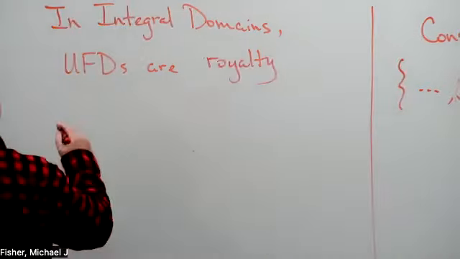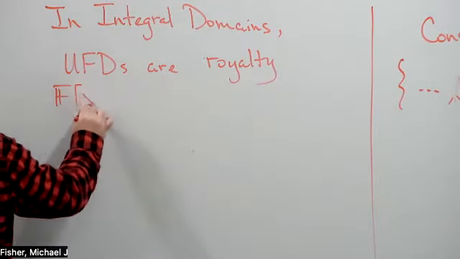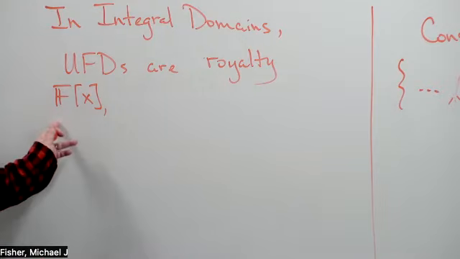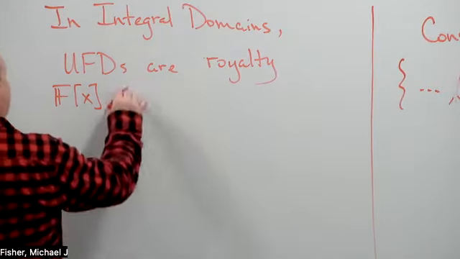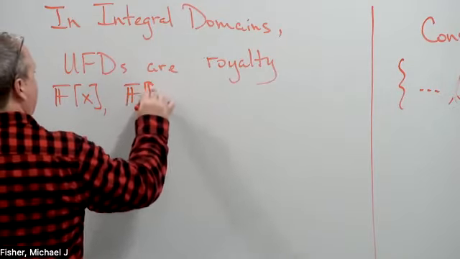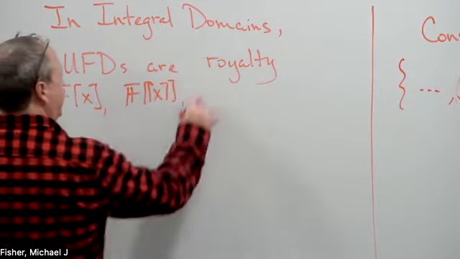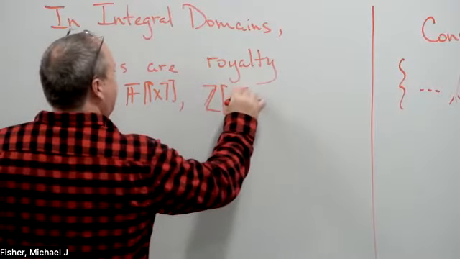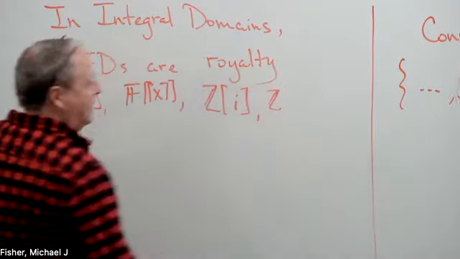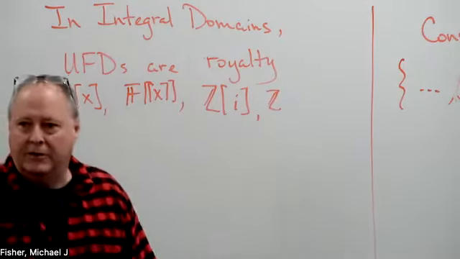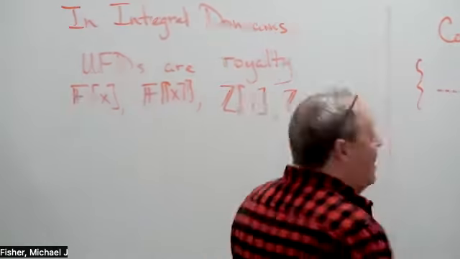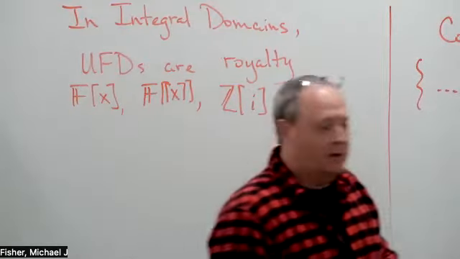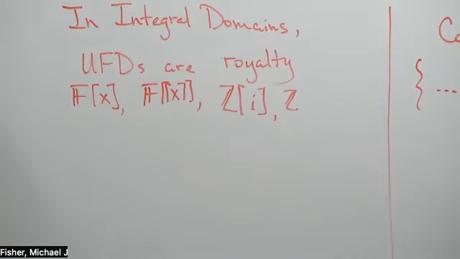So, for example, any polynomial ring over a field, R[x], complex numbers C[x], Q[x], any field, formal power series. For those number theory fans out there, the Gaussian integers, the ordinary integers, they're all over the place. All of these things have the fundamental theorem of arithmetic. A field has the fundamental theorem of arithmetic trivially because there are no non-zero non-units, as a matter of fact.